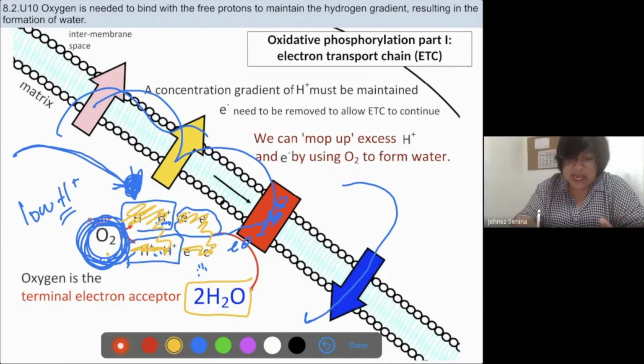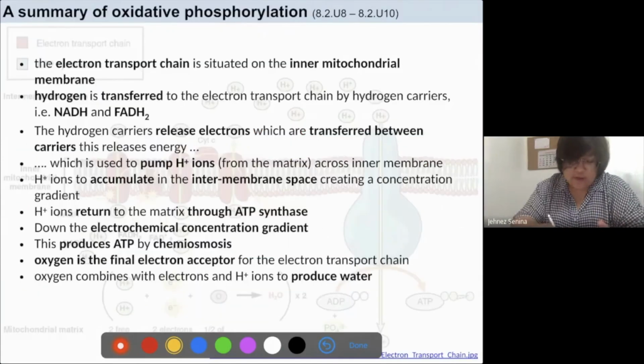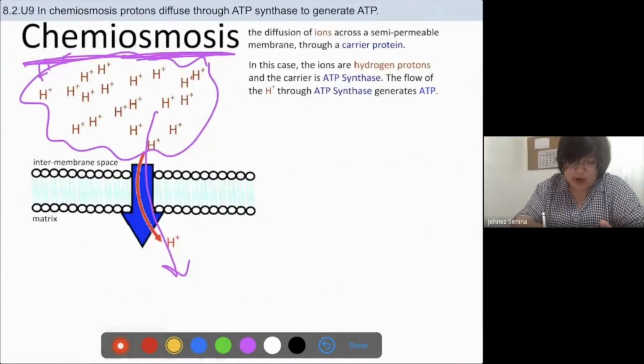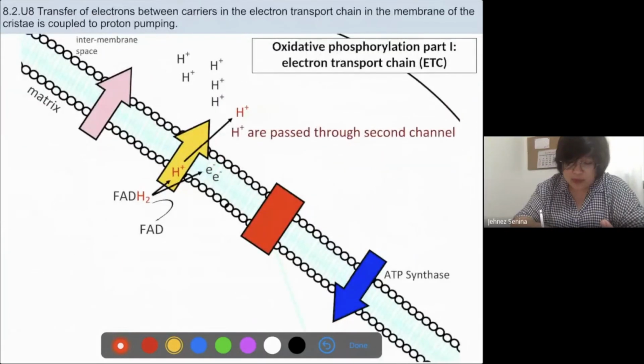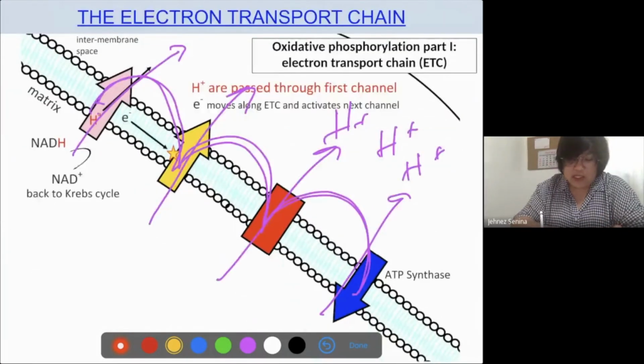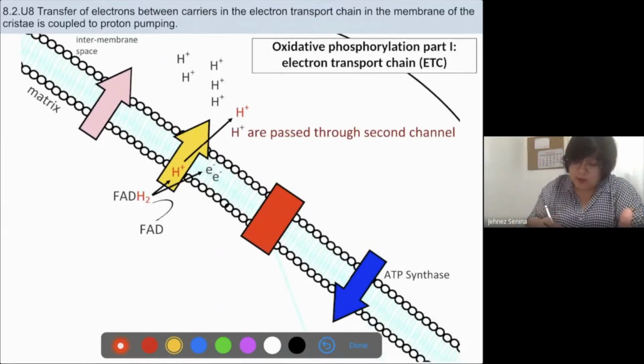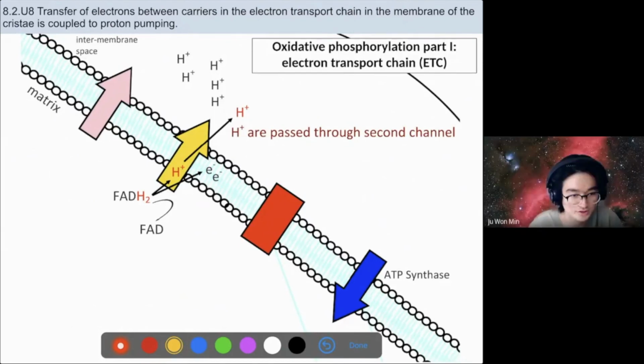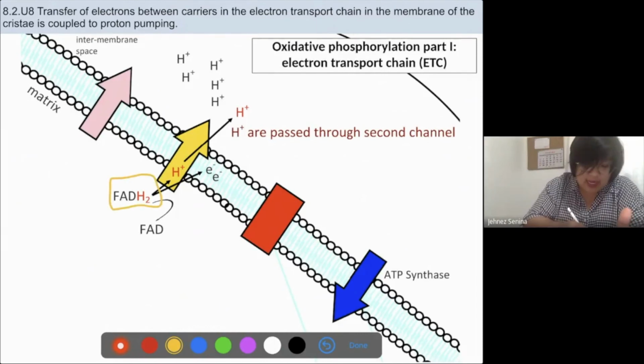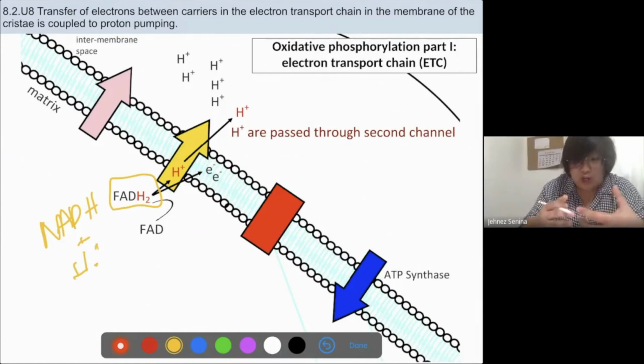And why do we call it oxidative phosphorylation? Let's go back to our definitions. How is this oxidative phosphorylation? What is oxidized? To lose electrons or hydrogen. So FADH2 and NADH plus H plus are oxidized.